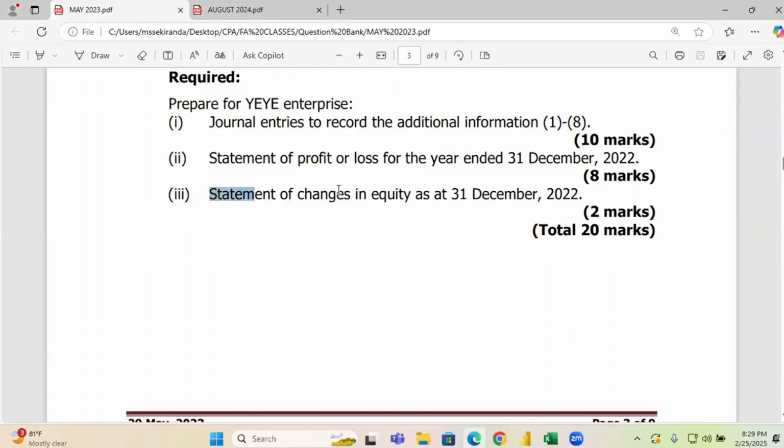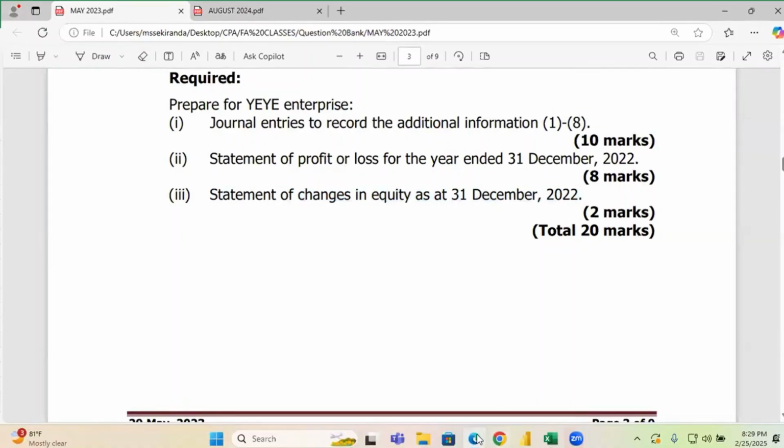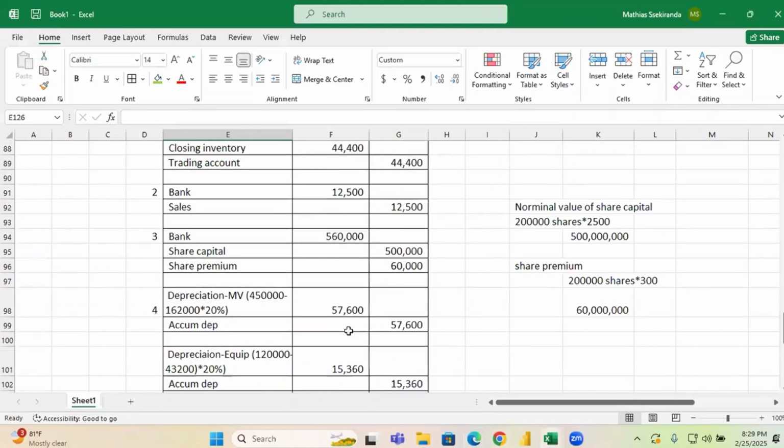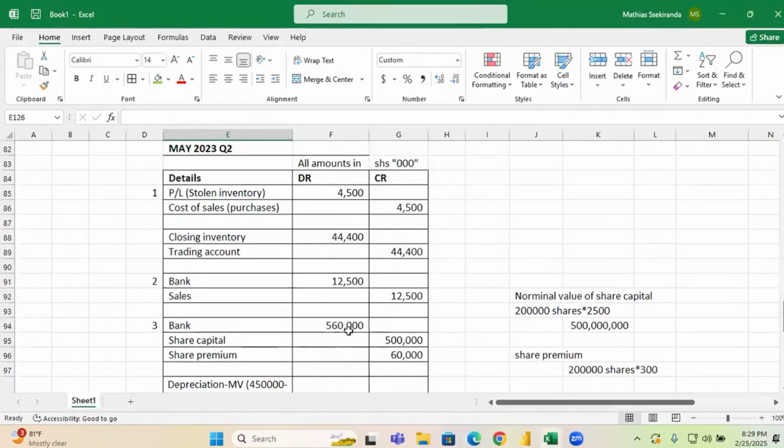My interest is in the changes in equity, though I can't do it without getting the profit for the year. When I was starting, I told you I'll do numbers until you get tired.